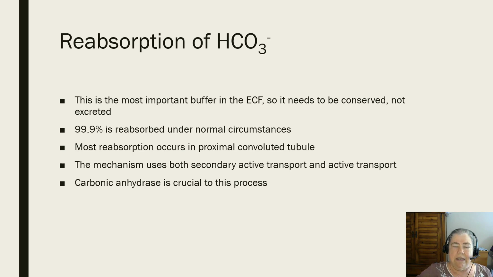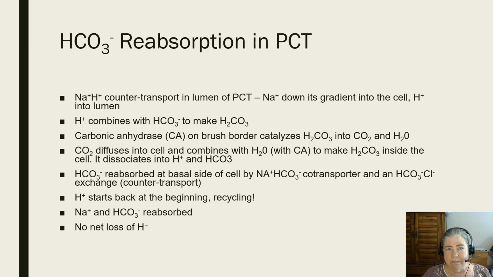It uses active transport and secondary active transport, and it involves carbonic anhydrase on the brush border of the lumen. So there is a sodium ion hydrogen ion countertransport in the lumen of the proximal convoluted tubule.